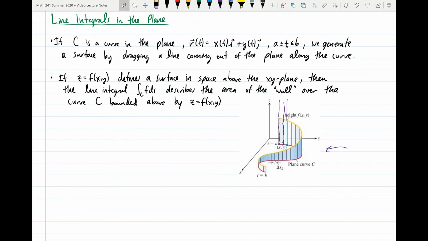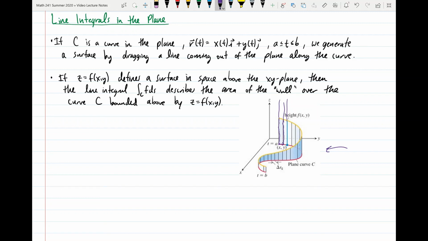Now, if we have that curve in the plane, and we have another function z equals f of x y that defines a surface in space above the xy plane, then we can talk about the portion of that wall that we've just created that's underneath that surface z equals f of x y.